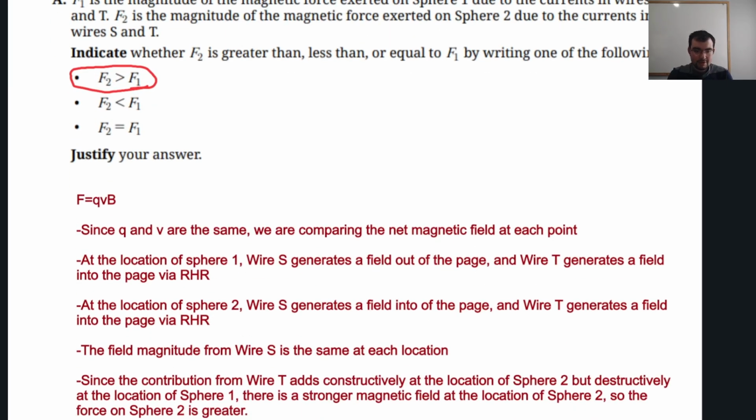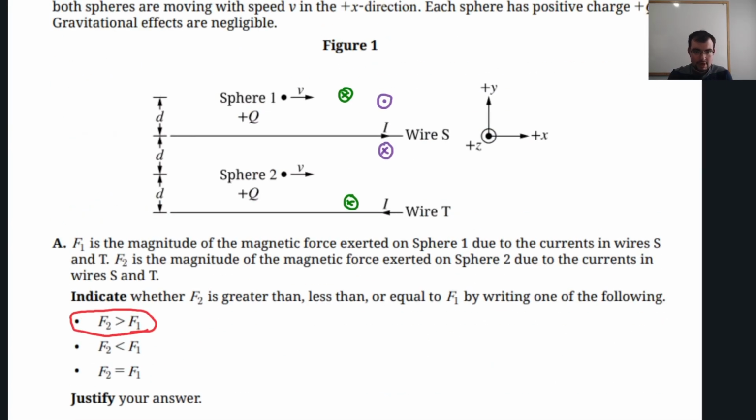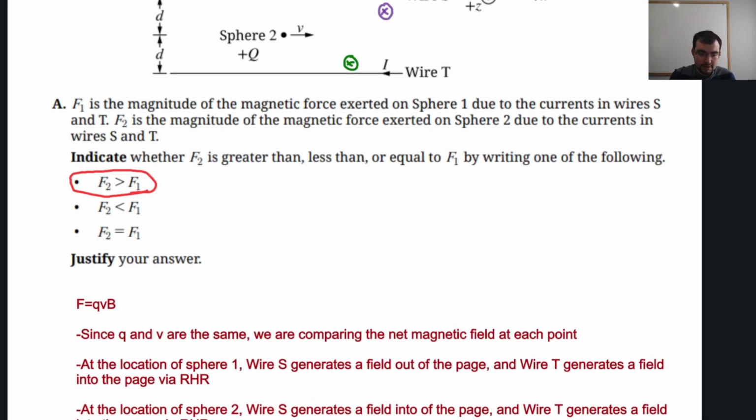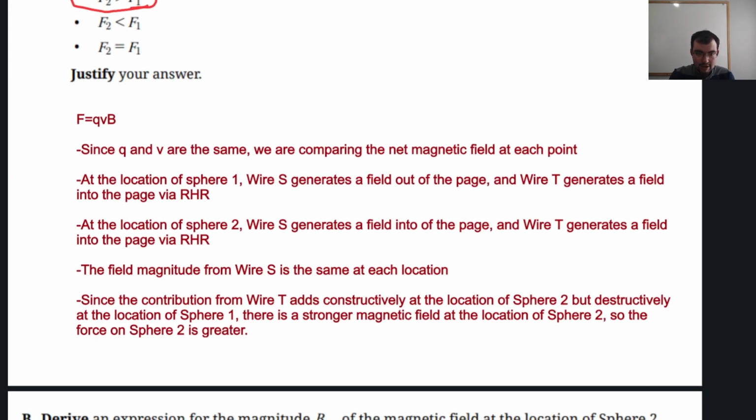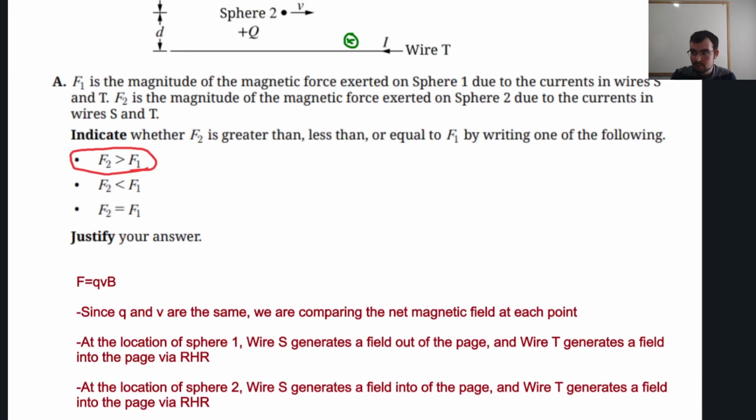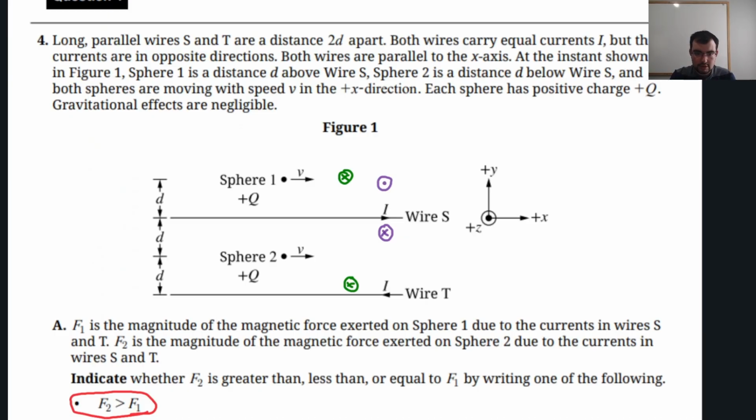We know that the magnitude of the field from wire S is the same at each location because it's both D above and below. So the purple field is the same magnitude. And then we just look at what the green field is doing. Since wire T is adding in between, but subtracting outside, there's going to be a stronger magnetic field at sphere 2, so sphere 2 experiences a bigger QVB force. Really interesting little QQT there. I really like that part A.